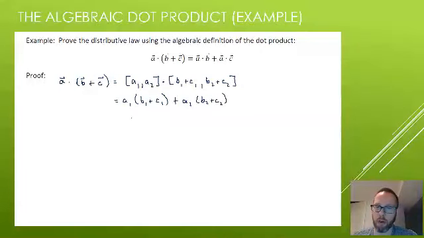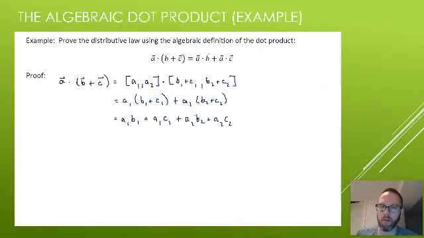And now these are just all numbers at this point. We know numbers obey the distributive property, so we'll get A1 B1 plus A1 C1 plus A2 B2 plus A2 C2. But again, these are all just numbers, so it doesn't matter what order we write this addition in.